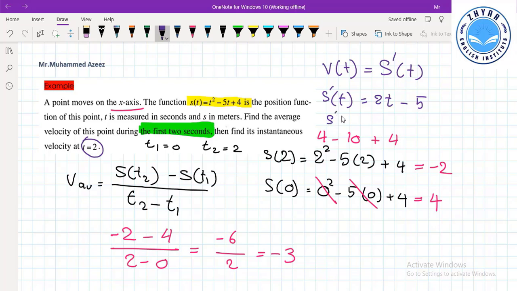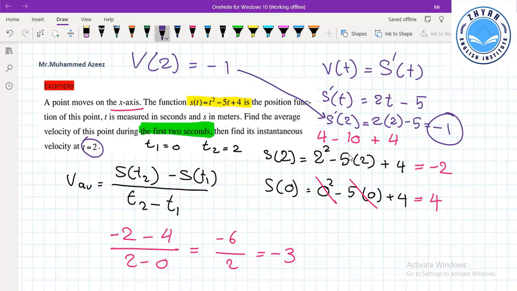So s prime of 2 is equal to 2 times 2 minus 5, which is equal to negative 1. What does that mean? That means v of 2 is equal to negative 1, because v is the same as s prime. Then the answer is complete.